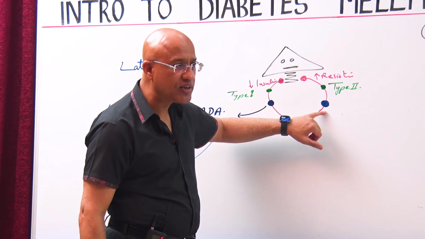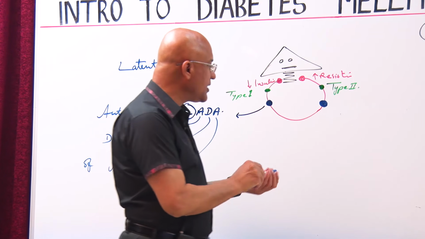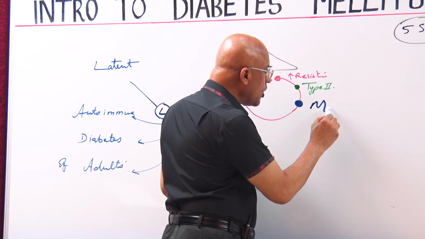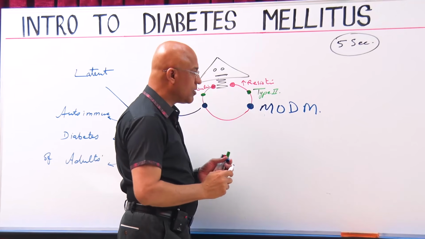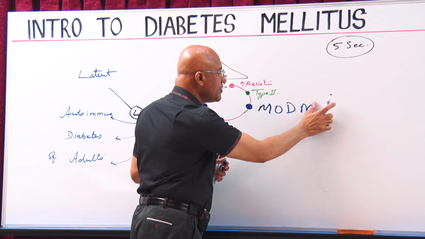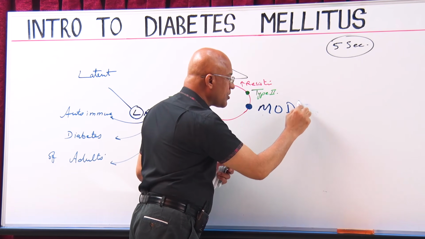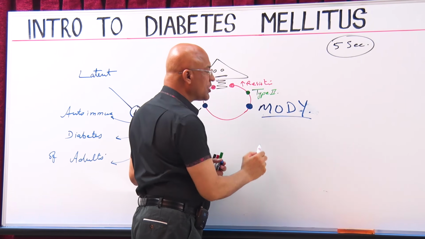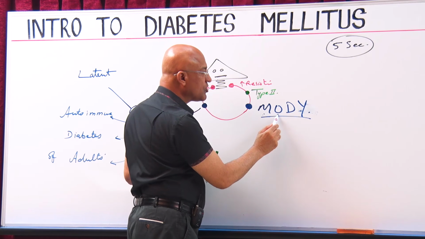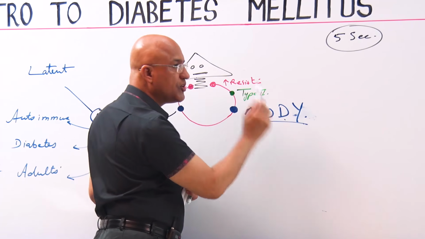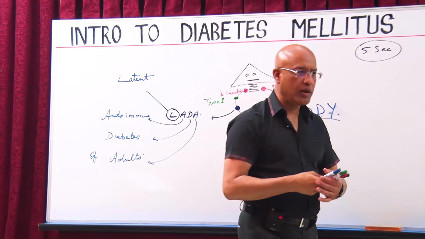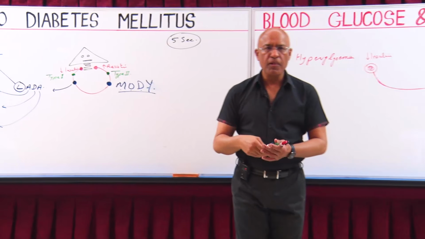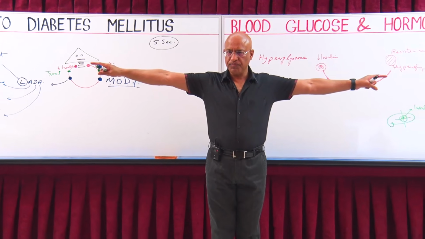If it starts at younger age, we call it maturity onset diabetes mellitus, or we just call it MODY. MODY stands for maturity onset diabetes of young people, right? Again, I will repeat and I will see who will tell me the right answer. First of all, we talk about the two extremes.